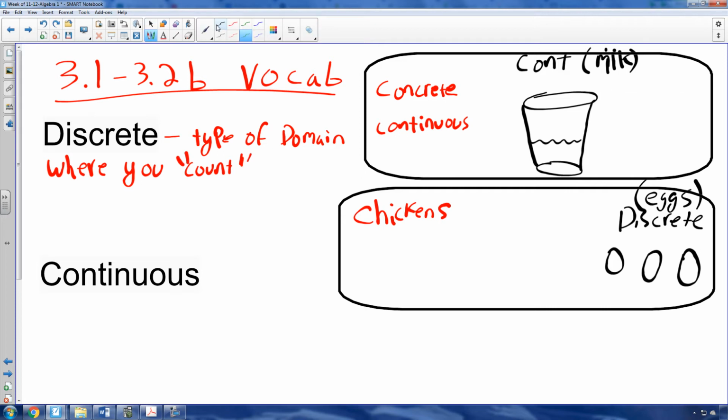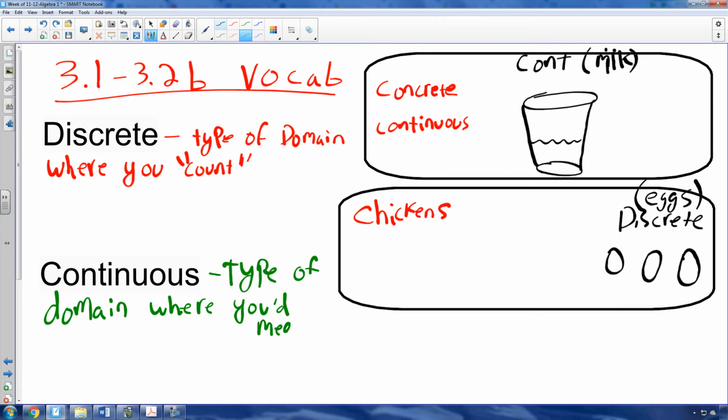And continuous is, I would say, a type of domain where you measure. I would say that's probably the best way to look at it, okay?